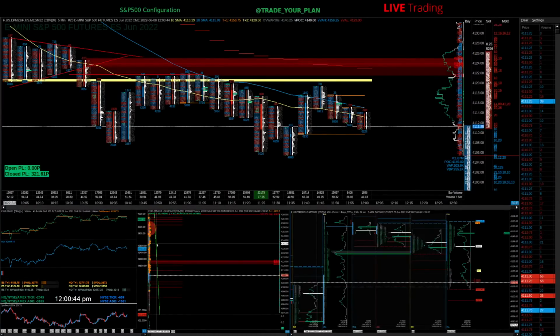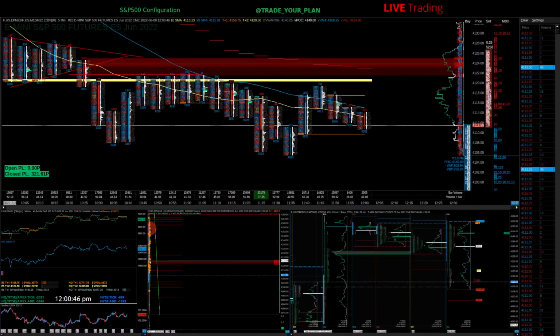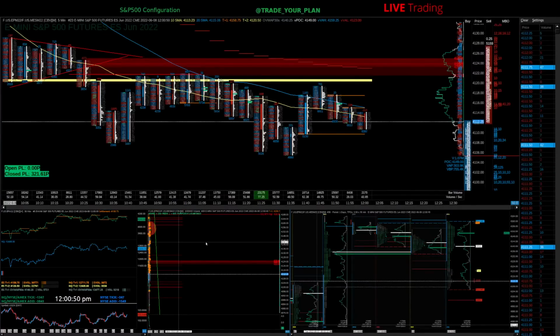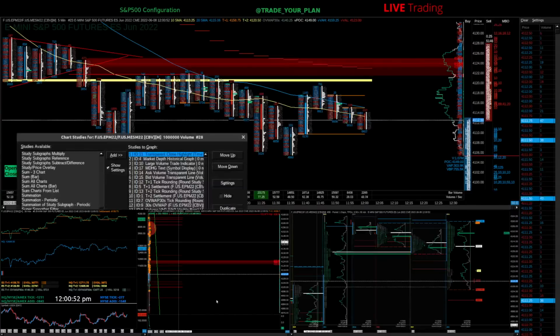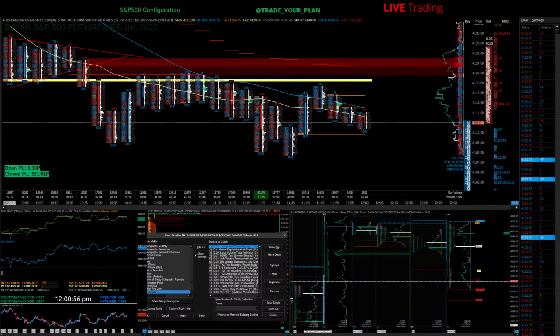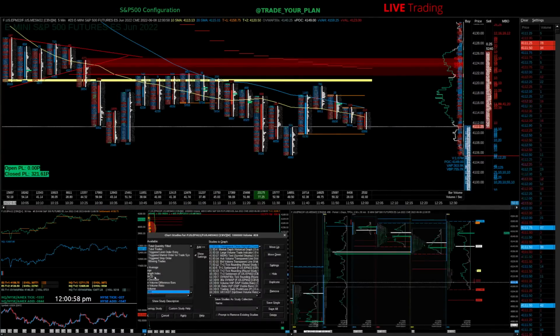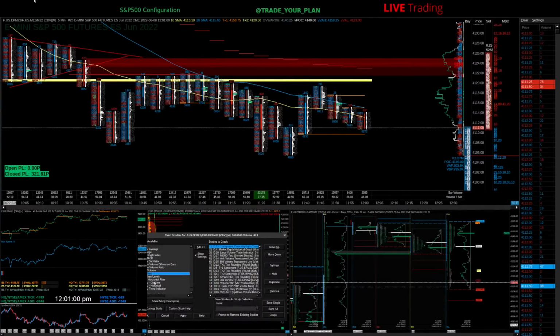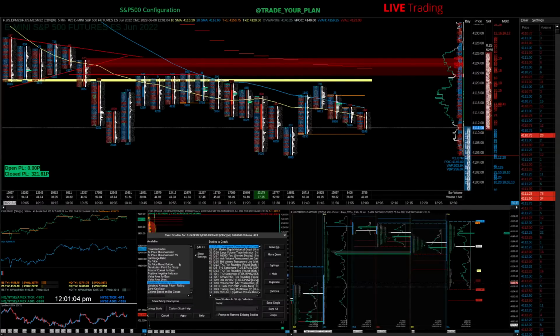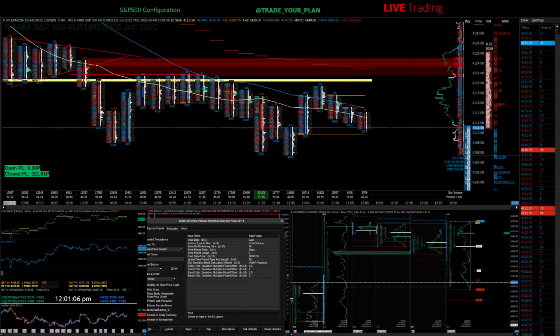Could you add VWAP to this 100,000 volume chart and have the VWAP look back at, let's see, V, volume weighted average price. All right.